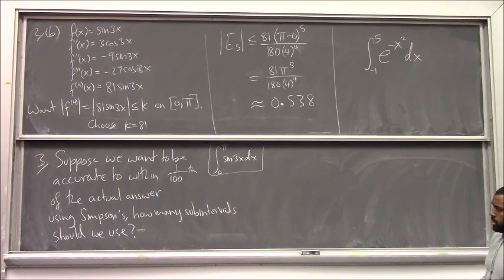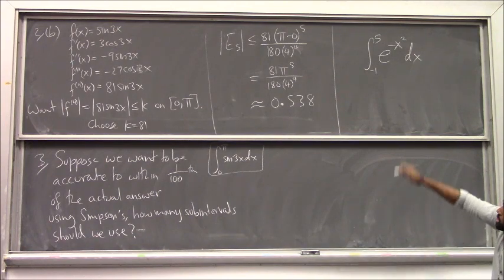So I'm going to use Simpson's. However, being off by 0.5 square units is way too much. I want to be correct. I want my error to be like 0.01, right? How many subintervals will we actually need?